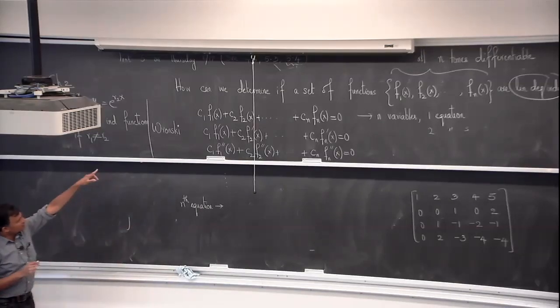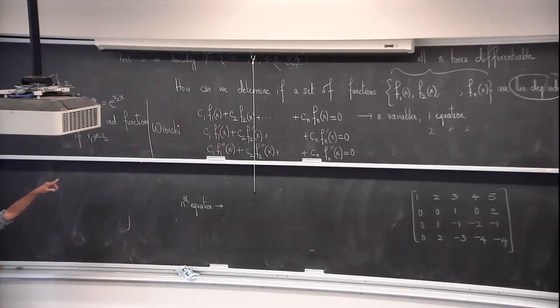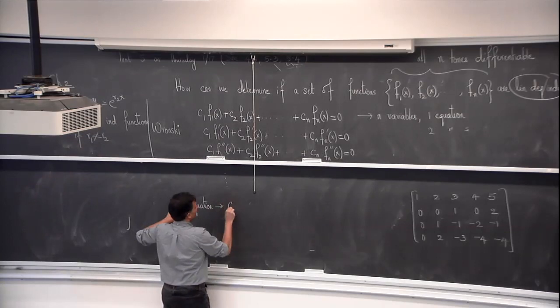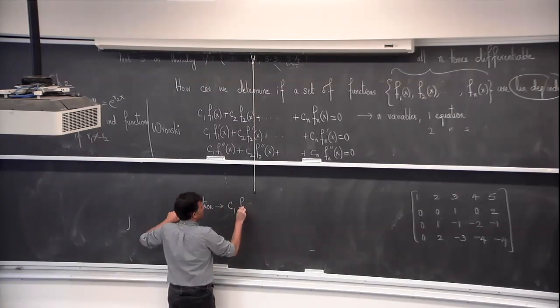And the nth equation, if you look at the pattern, the first equation had the 0th derivative, the second equation had the first derivative, the third equation had the second derivative. It's always one less. So the nth equation will have the n minus 1th derivative.